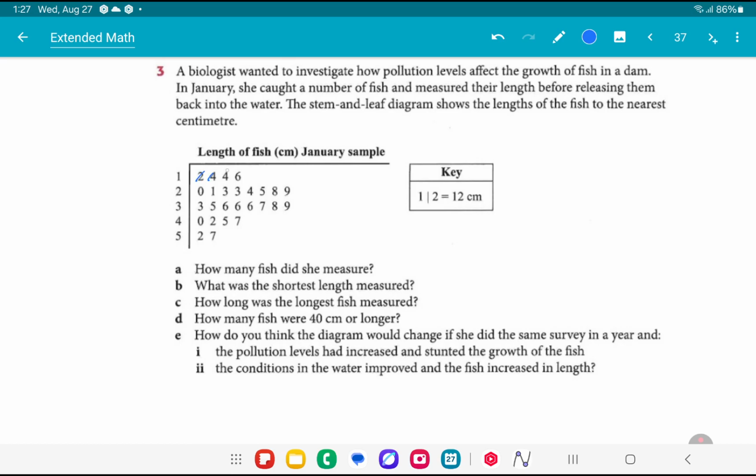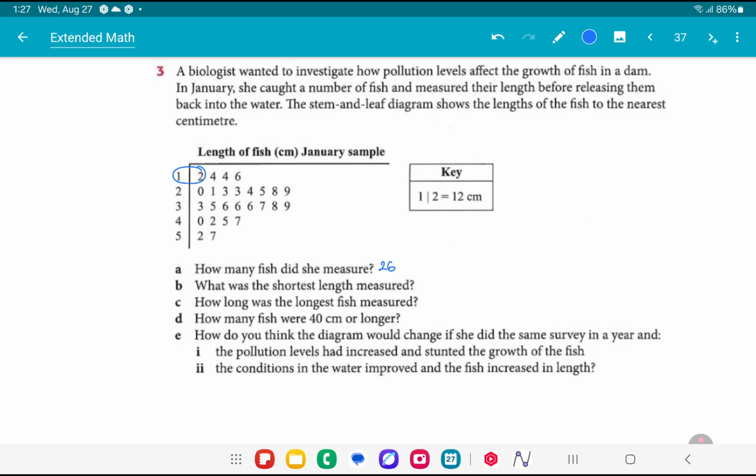We find 1, 2, 3, 4, 5, 6, 7, 8, 9, 10, 11, 12, 13, 14, 15, 16, 17, 18, 19, 20, 21, 22, 23, 24, 25, 26. We find 26. For question B, what was the shortest length?